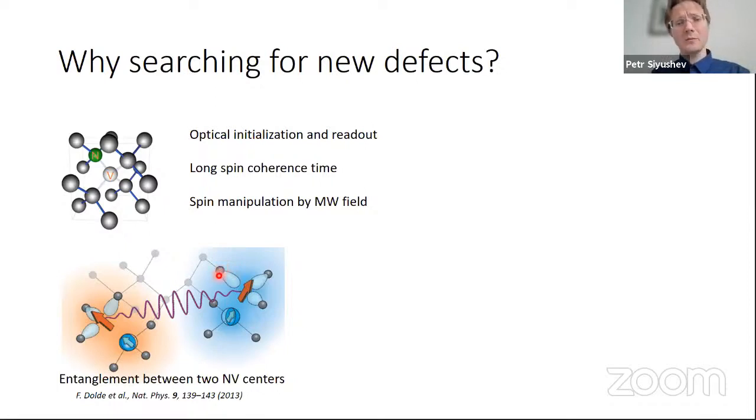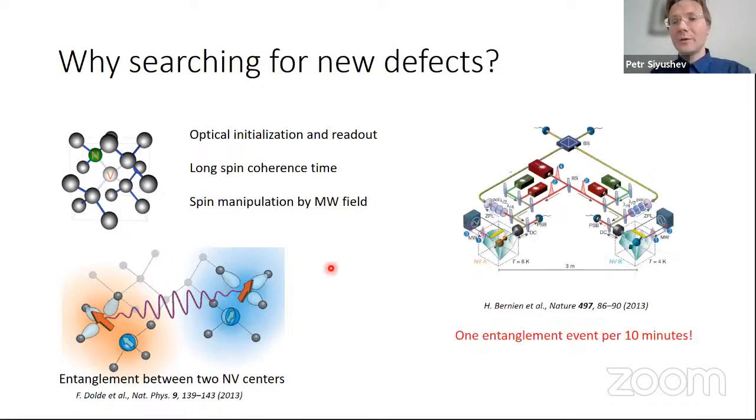In this case, you would like to have those qubits interacting by flying qubits, basically photons. And there was a brilliant experiment by Ronald Hanson's group in Delft, where they made entanglement between two remote NV centers placed in different cryostats by means of two-photon interference.